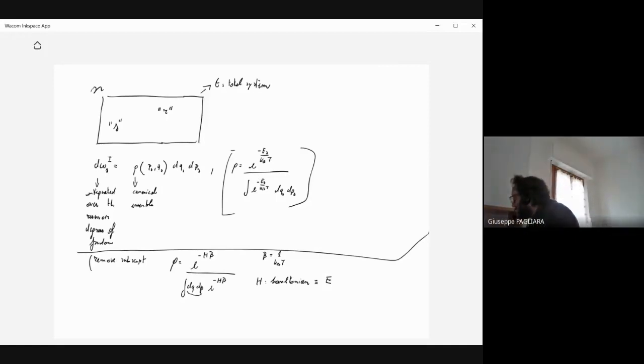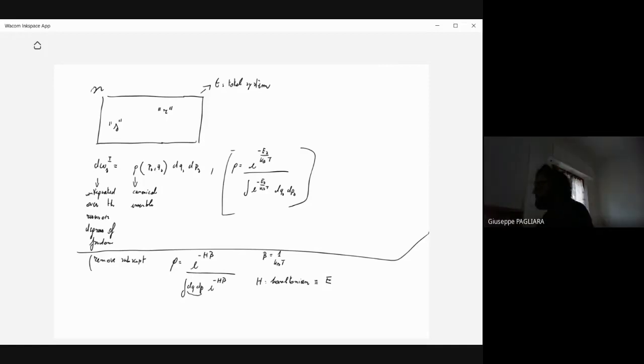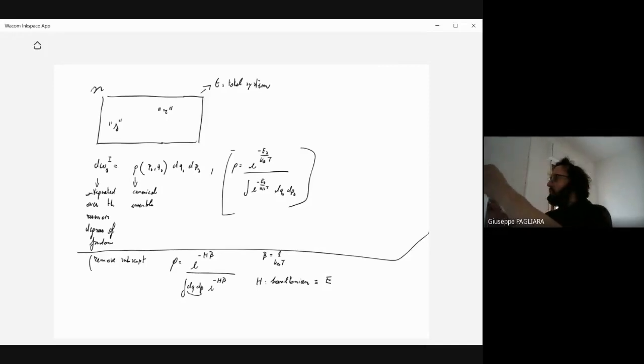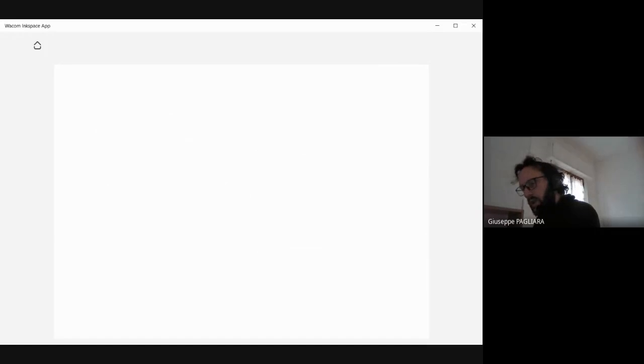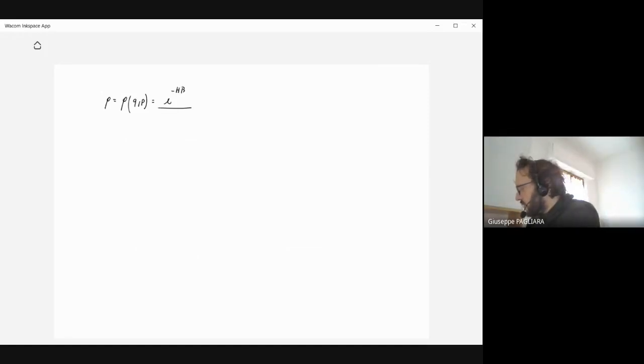As I said before, rho this time is not a constant, as in the microcanonical ensemble, but is itself a function of all the coordinates and momenta of the particles. Okay, so let me change page. And so we are here. So rho, in this case, is a function of all q and p, and it is provided by the formula that I just removed, that was this one.